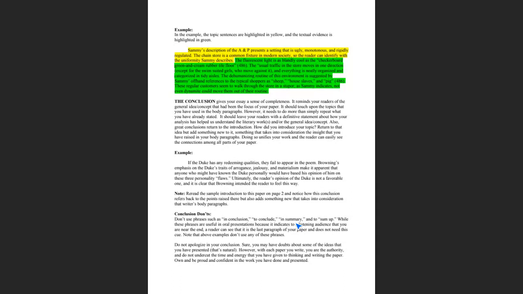So we use those words to cue the audience in that we're wrapping up. However, when you're reading a paper and you get to the last page and you see the last paragraph, that is generally the conclusion. So you don't need that. Make sure that you don't use that.